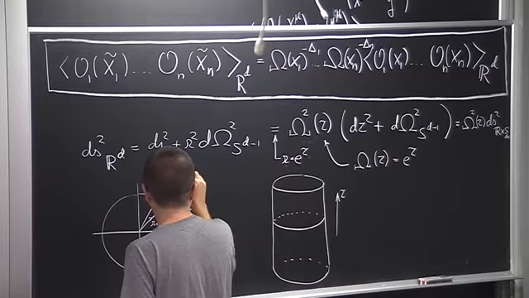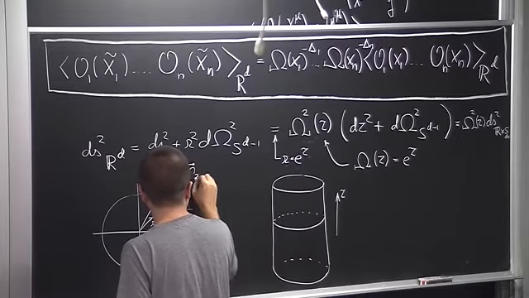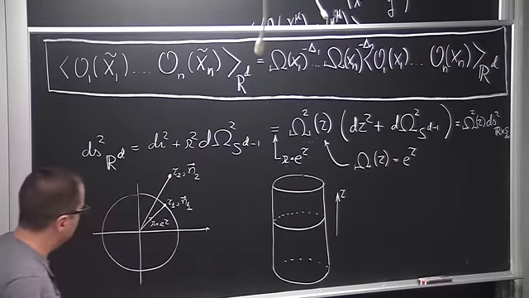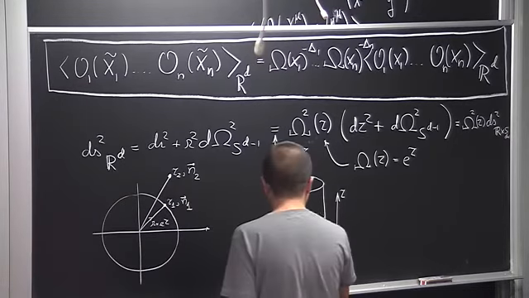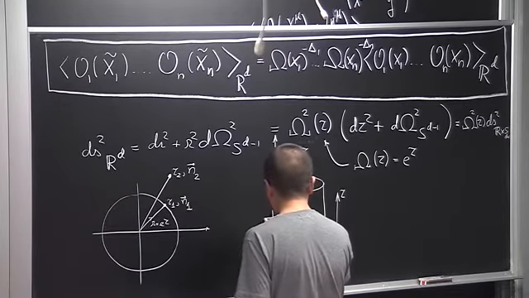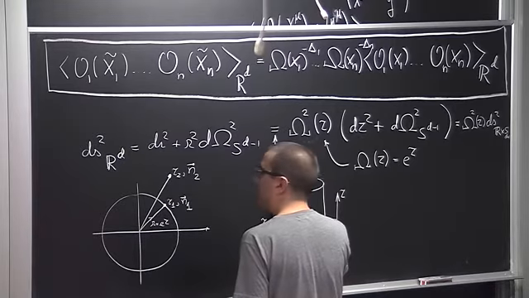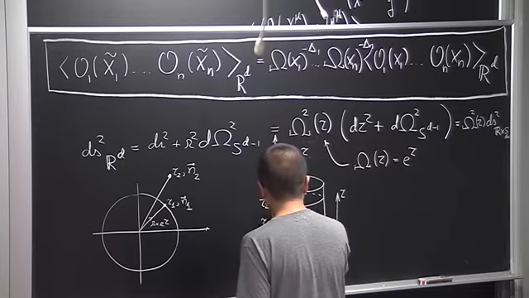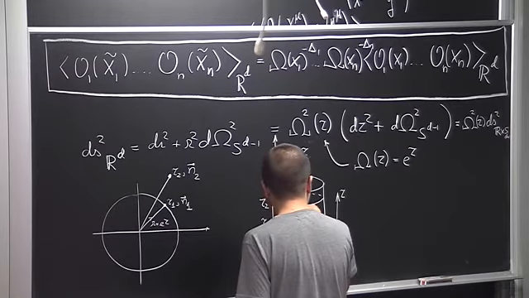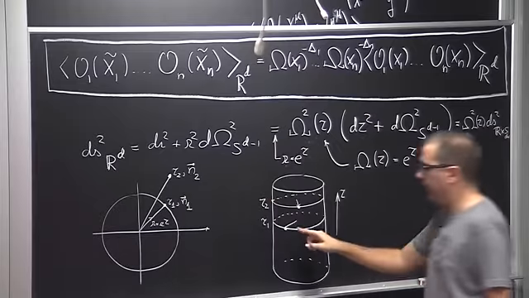And some point 2 parameterized by some tau2 and some unit vector n2. Okay? And in this picture here in the cylinder, one of these points is here at some tau1, and the other point is here at some later time, tau2, and they are pointing a priori in different directions. Okay? n1 and n2.